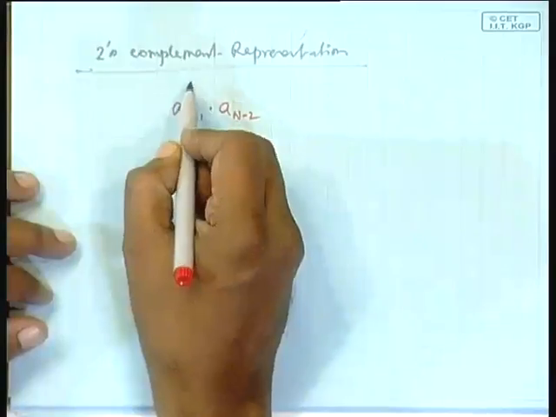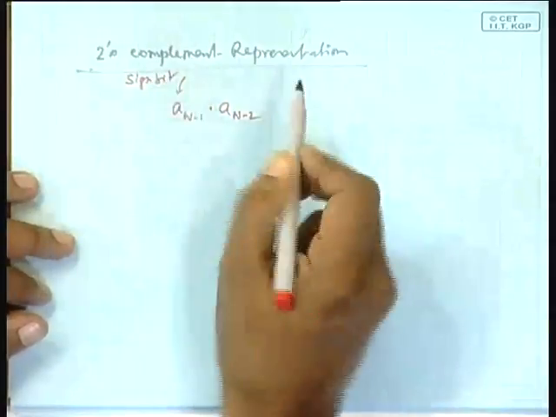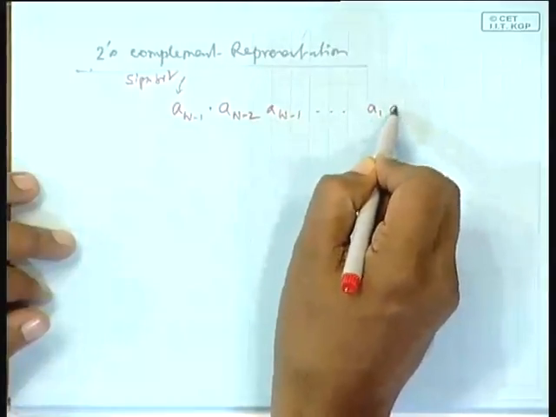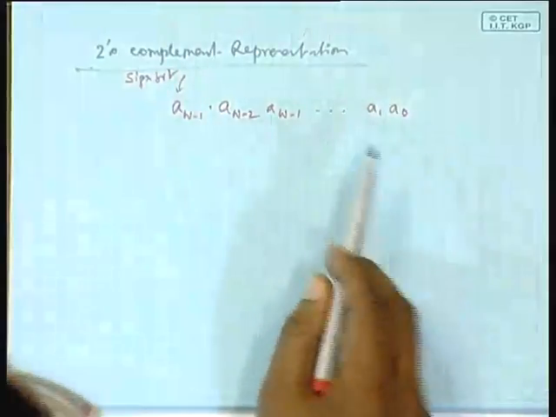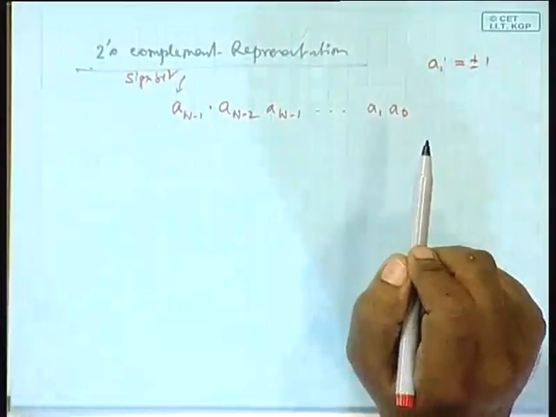In DSP, this normalization is usually done cleverly. The multipliers are normally kept less than 1, and we will follow that convention. So there is a binary point. This is called a sign bit. All these Ai are either 0 or 1.